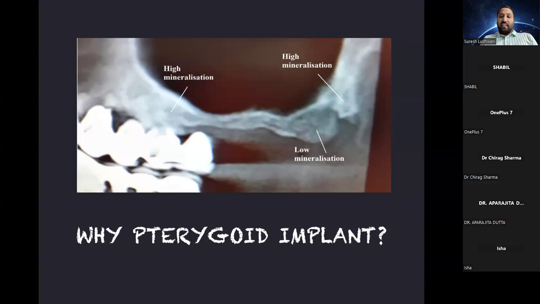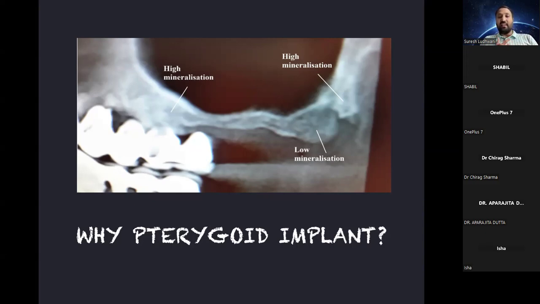But is there any scientific literature, any science behind why pterygoid was considered? Why was it not used earlier? The all-on-four concept started because of two things. One, by tilting we increase our AP spread, and second, the bone near the sinus region was more mineralized, so there was a high possibility of getting good anchorage.